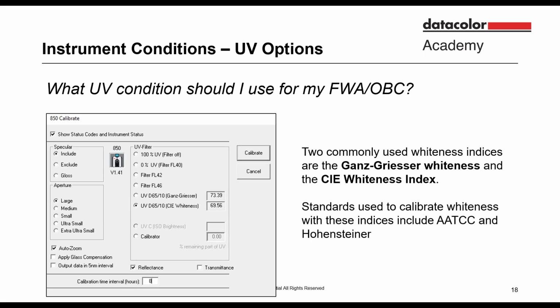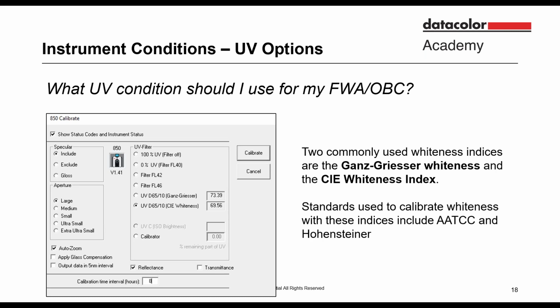The only way to calibrate the UV content of the lamp, and the reason is because as the instrument ages, the UV content of the lamp changes, is to use whiteness standards. These whiteness standards are typically AATCC or Hohenstein, or sometimes the provider of the spectrophotometer offers a calibrated fluorescent dial. The two whiteness indices we typically recommend are the Ganz Griesser whiteness and the CIE whiteness indices.